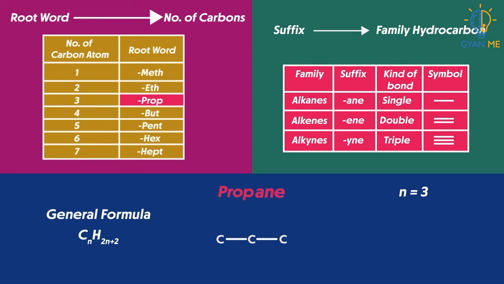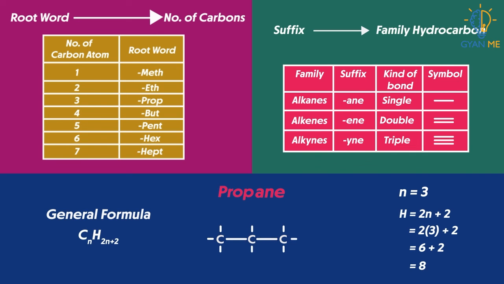If we calculate its molecular formula, we need to put n equal to 3 in the general formula. And we get the number of hydrogen atoms equal to 2 times n plus 2, that is 2 times 3 plus 2, which is 6 plus 2, 8. This is because n is 3 here since we are talking about propane. That means there will be 3 carbon atoms here.